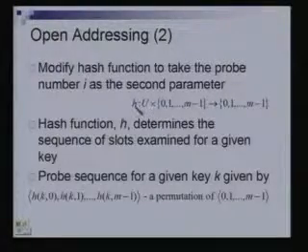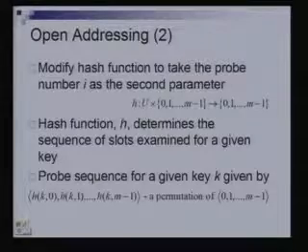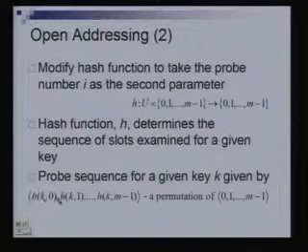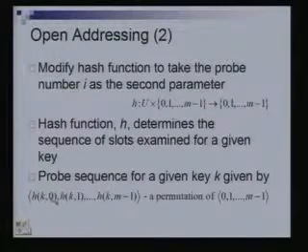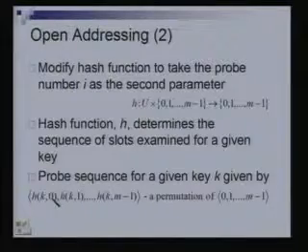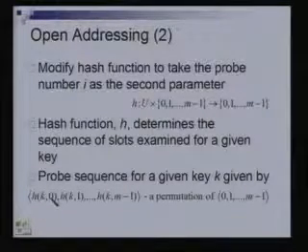When I am trying to insert a key, that will be my first probe. I will compute the value of this hash function for that key k comma, let's say 0th probe, so k comma 0. This is the value of the hash function I obtain. I will look at this location in the table.